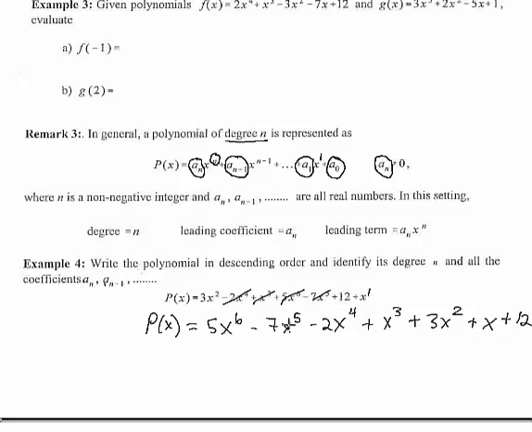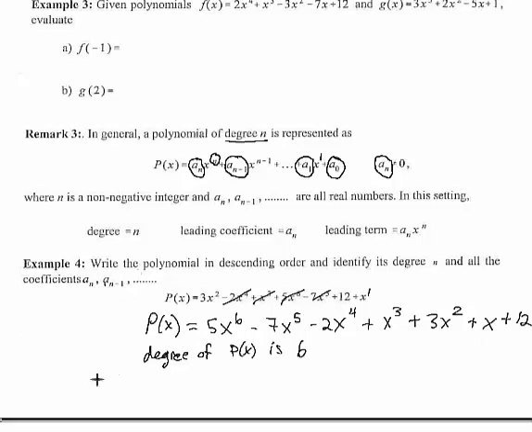So pretty long polynomial. What is the degree? Degree of P of x is 6, and I simply picked up this 6 here. It's the highest exponent of all the variables.